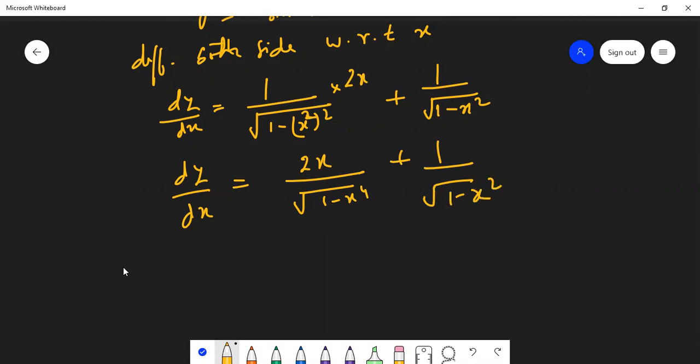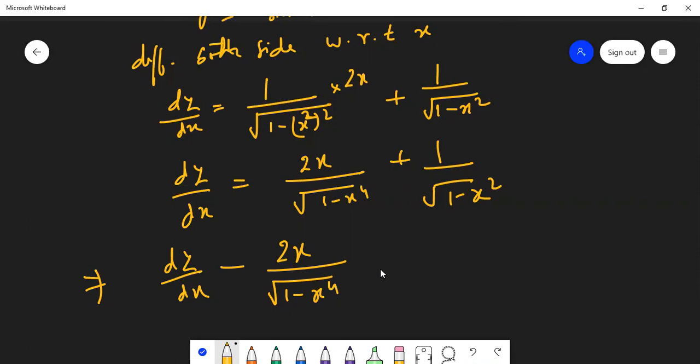Actually, this quantity was shown on the left hand side, so we can write dy by dx minus that quantity on the left hand side, under the root 1 minus x to the power 4, is equal to 1 by the square root of 1 minus x squared.